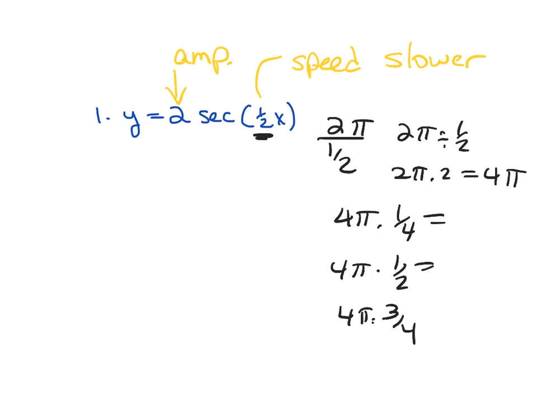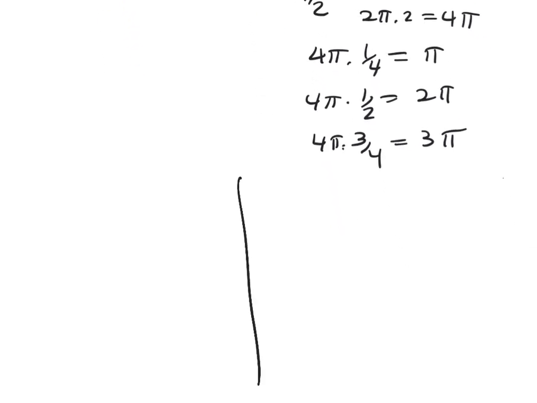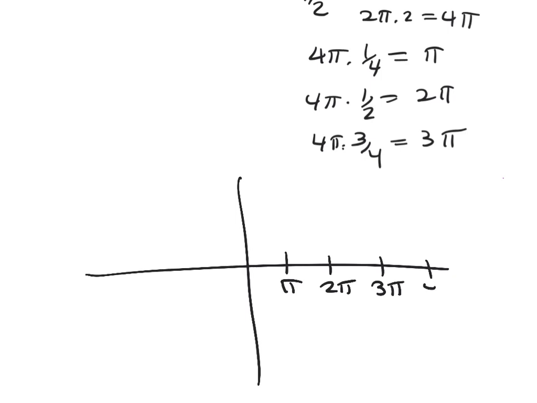So this gives me pi. This gives me 2 pi. This gives me 3 pi. Remember, for this was just the mirrored image. I don't need to calculate the negative side. It's just going to be the same numbers I just got, but with negative signs. So let's go ahead, and this first one is going to be pi, 2 pi, 3 pi, 4 pi.